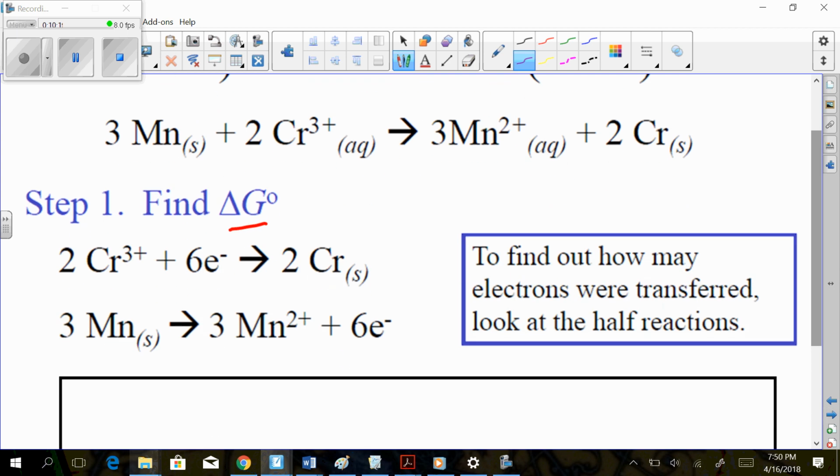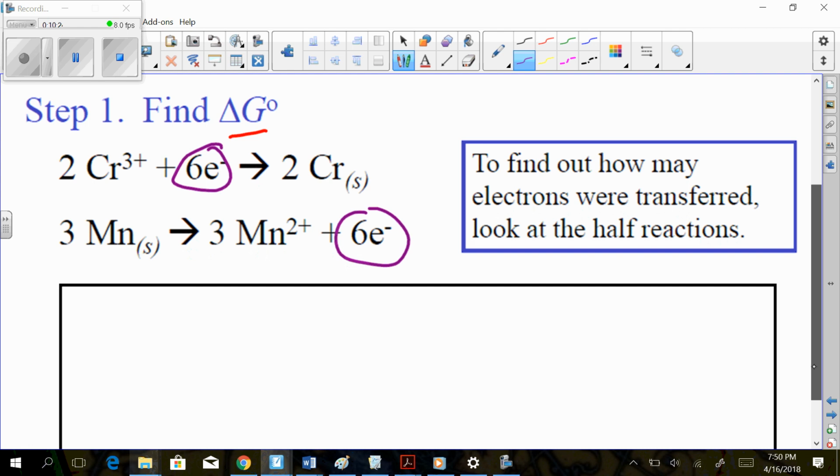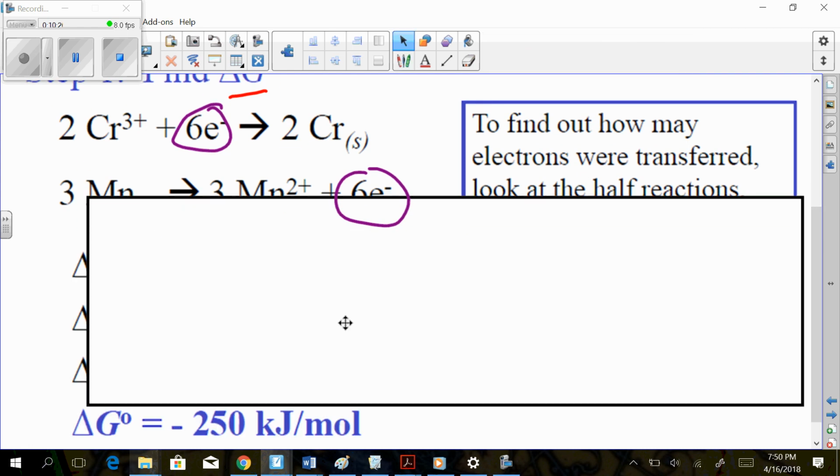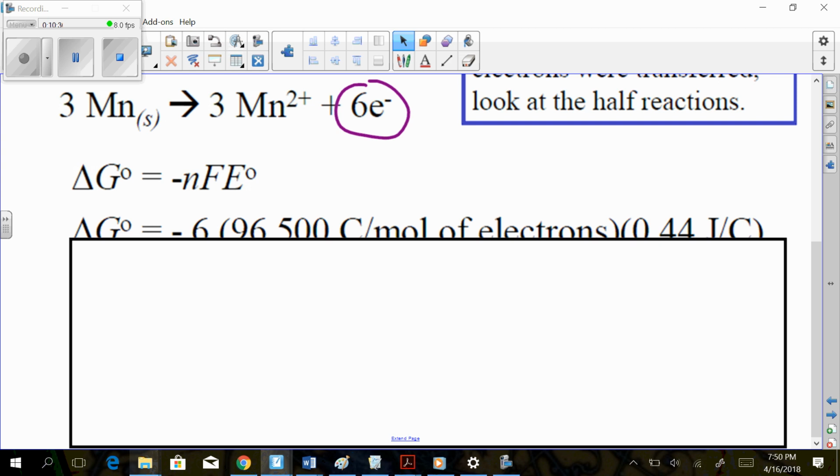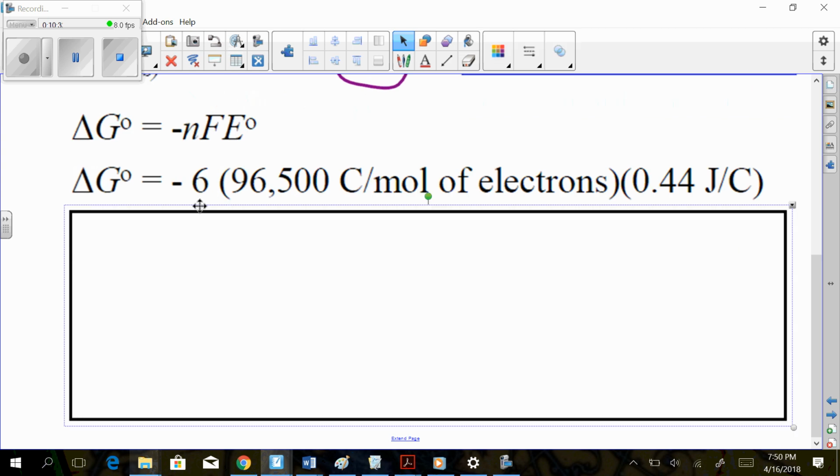So these are the number of moles of electrons that are transferred. If we're using negative nFE, we have 6 moles of electrons transferred times Faraday's constant, 96,500, times the E naught cell, which is 0.44 volts.